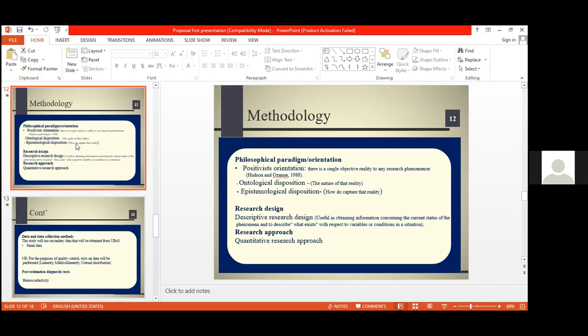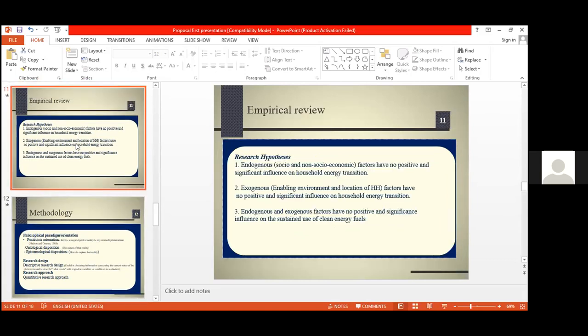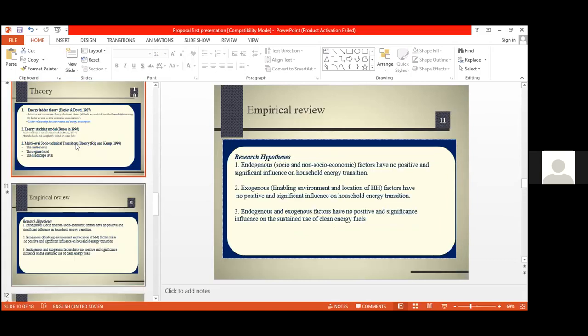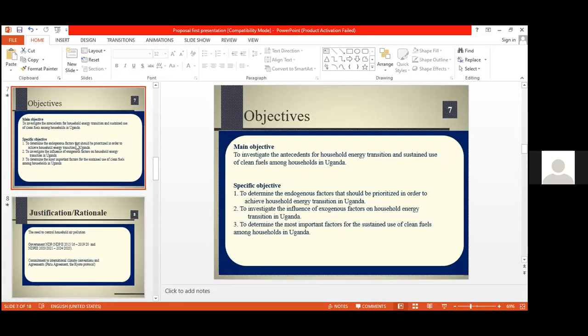Now, in the objectives, I saw number 2 is on transition, number 3 is on sustained use. Is sustained use then the same as switching in this case? Because sustainability would possibly take another version to that.